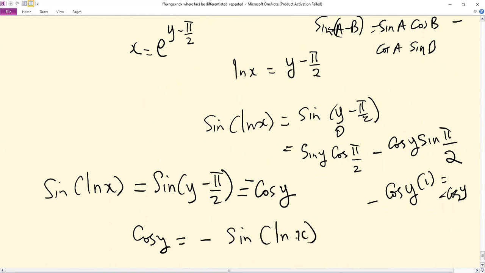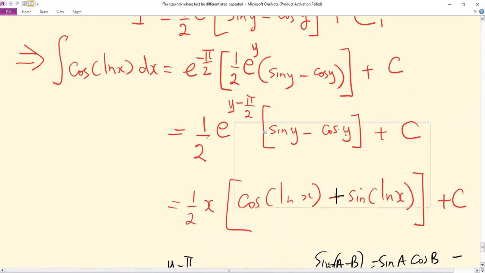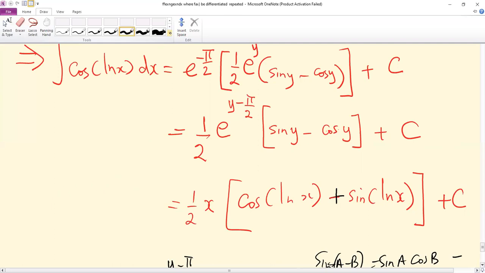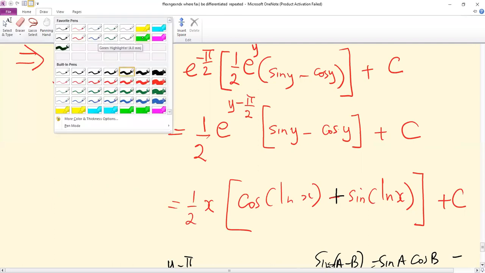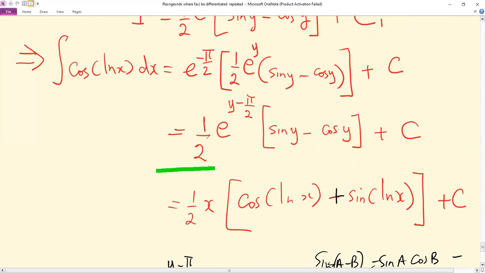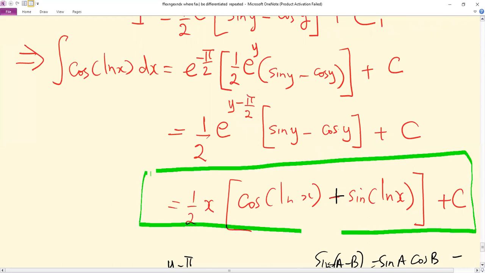So therefore, when you replace cosine of y by minus sine of ln of x in this point here, the negative sign will change to plus, and so the value of the integral will be a half x into cosine of ln of x plus sine of ln of x, and you add the constant of integration c. So this is the solution to that problem, and this sign is plus.